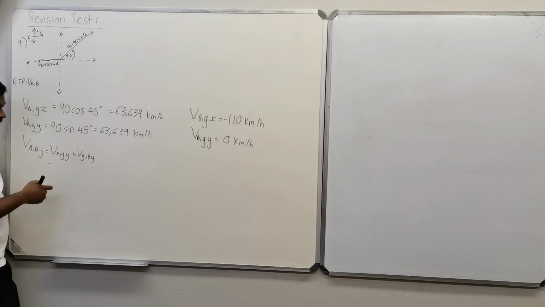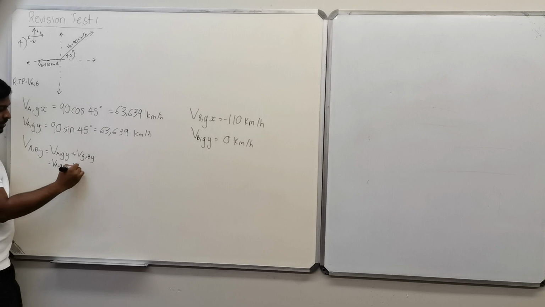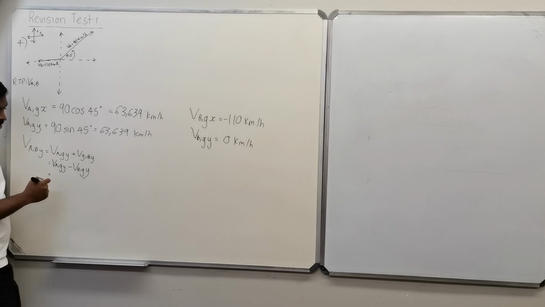Bilal, what do you do after this? Velocity of A relative to the ground on the y-axis minus velocity of B relative to the ground on the y-axis. Why did we do this? We want both terms relative to the same thing, which is the ground.